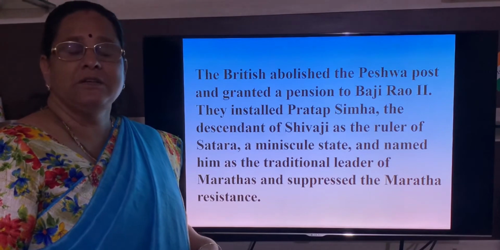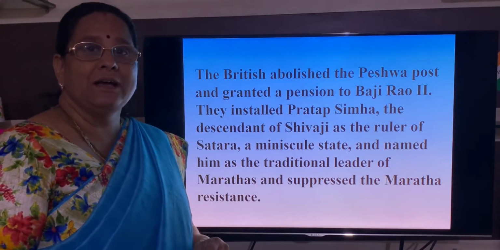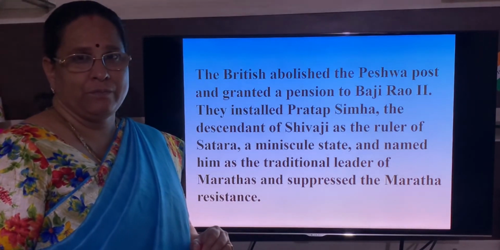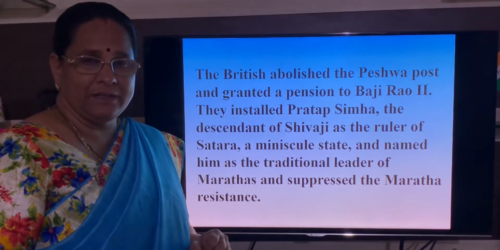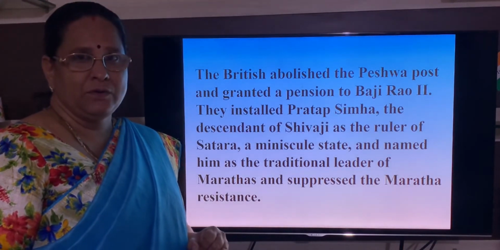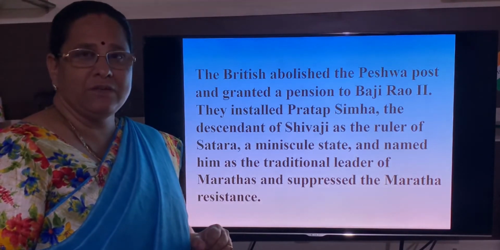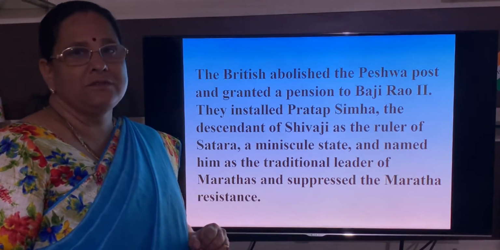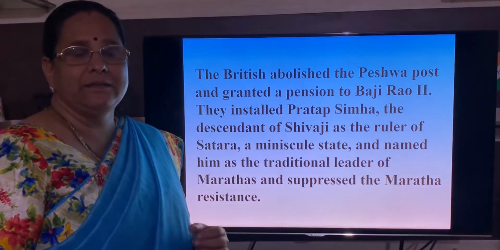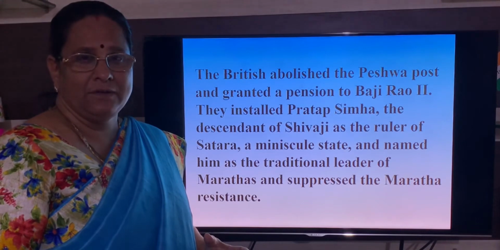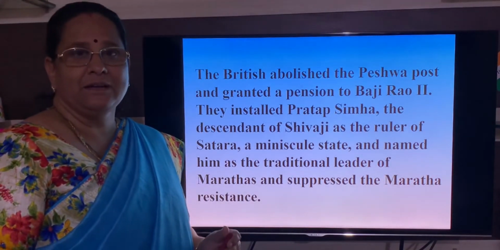And then the British decided to give a pension to Baji Rao II, and the Peshwa post was abolished. After that, Pratap Singh, who is the descendant of Shivaji, was given a minuscule state. And later, the entire Maratha kingdom went under the control of the English. Is that clear, children?